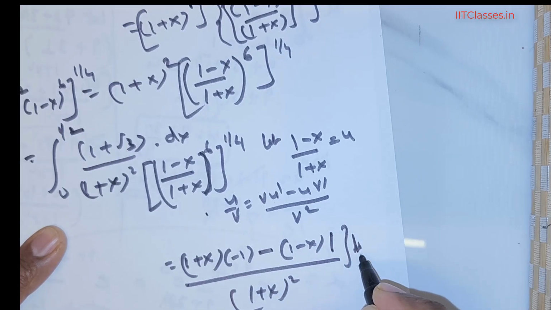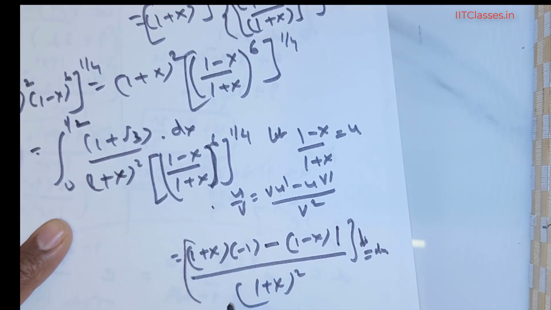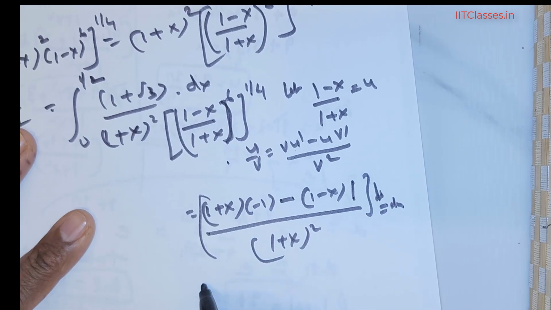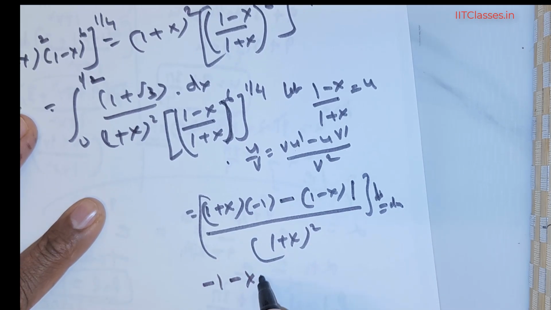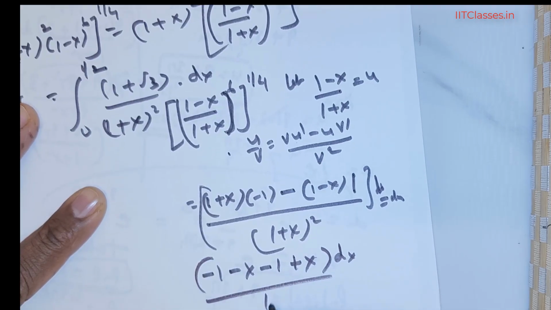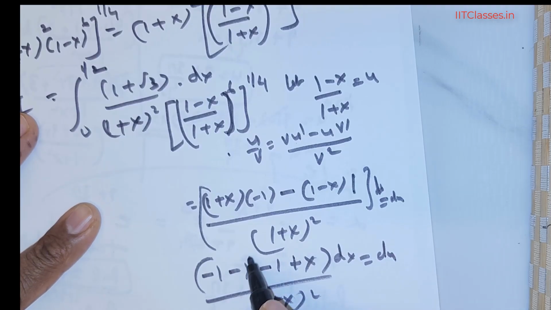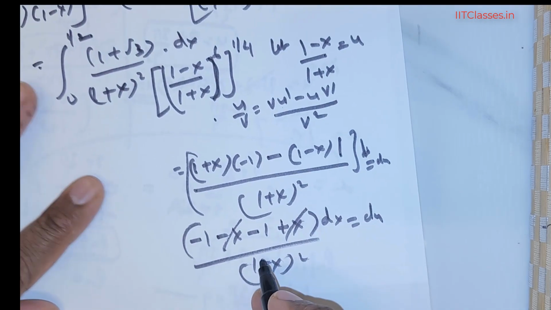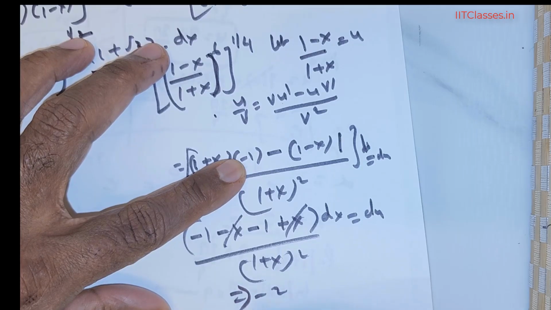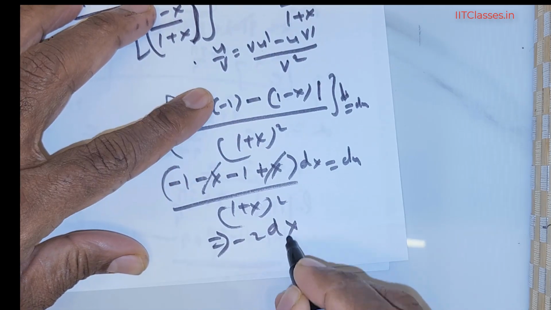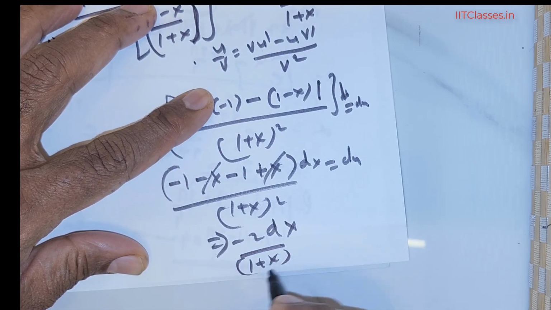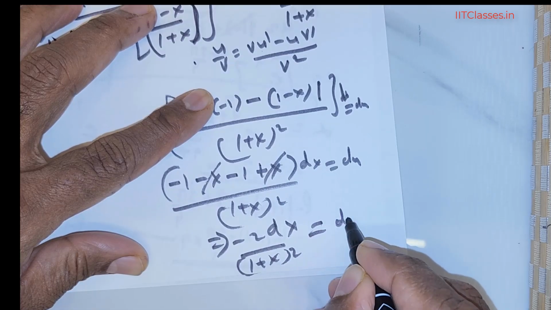Of course you have dx there, and this is equal to du. So this can be rewritten as (−1 − x − 1 + x) dx divided by (1 + x)^2 equals du. So −x and +x go away, giving me −2 dx divided by (1 + x)^2 equals du.